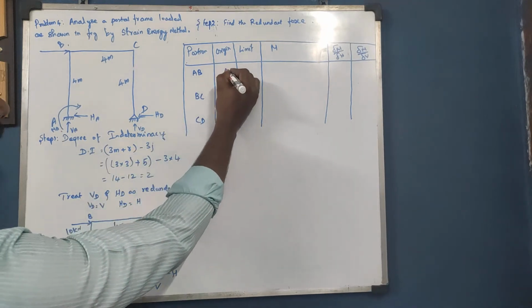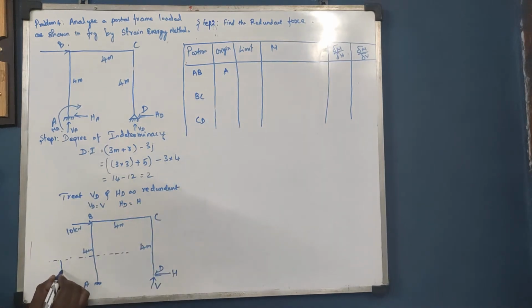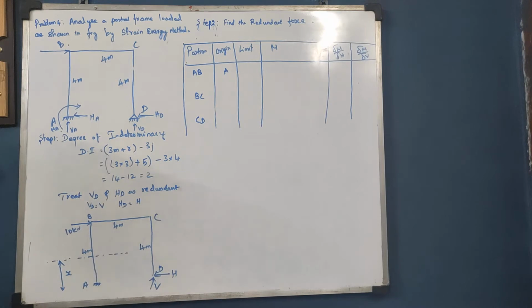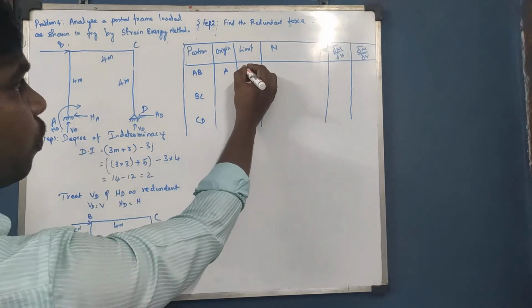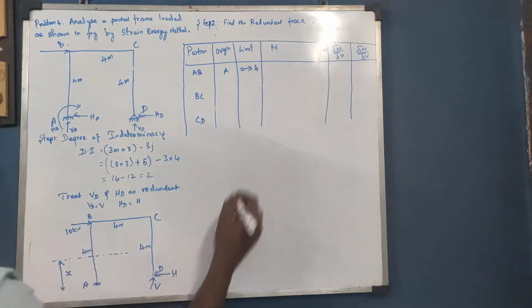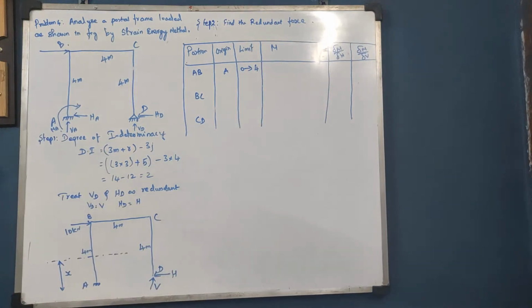Here choose A as origin. The distance from A is X, and the limit is 0 to 4.